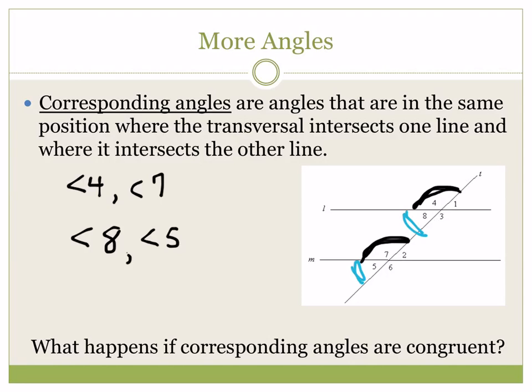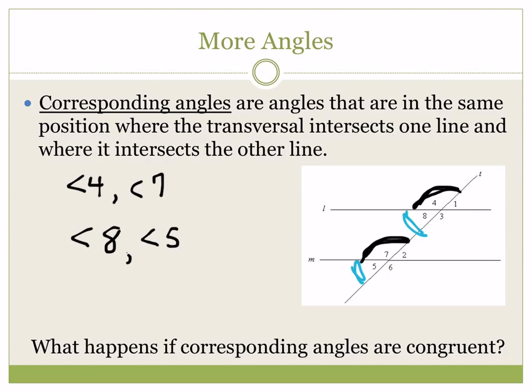Any idea what amazing thing happens if corresponding angles are congruent? Do you know? What would happen? The ones on the opposite side would be congruent as well. All right, so let's say, for instance, just because I've already got them marked, those black angles, the ones that are 4 and 7, let's say angle 4 and angle 7 are congruent.